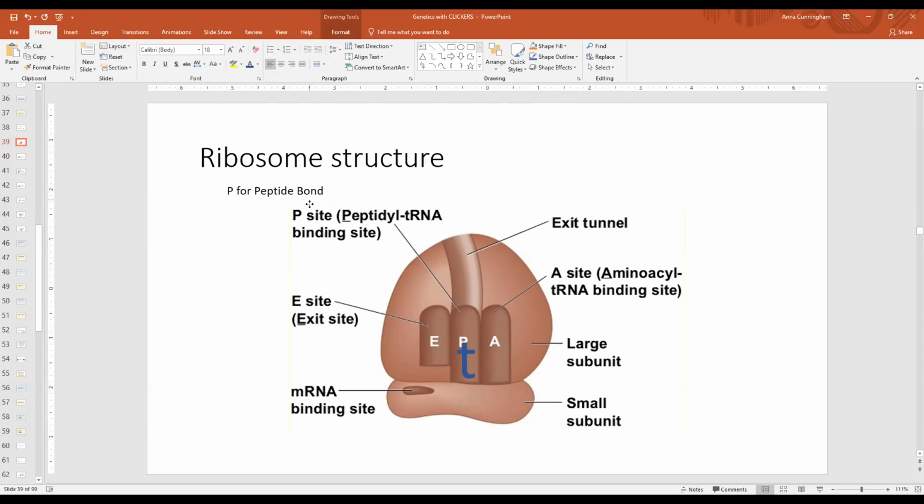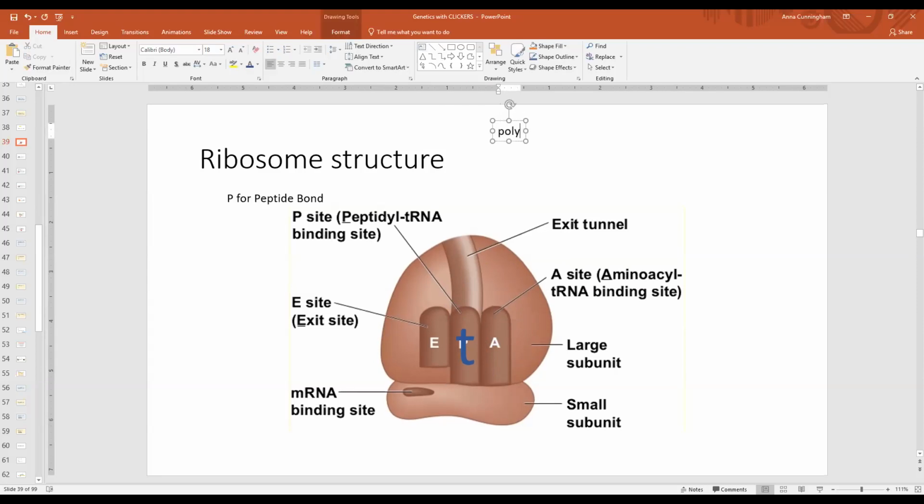That tells you what happens in the P site. Remember, we have our tRNA enter the A site. When the ribosome shifts over, that T gets moved into the P site. And that's where we're going to have our amino acids linked by peptide bonds. So you see this exit tunnel. It's a little bit misleading. The exit tunnel is where your polypeptide strand is held in place.